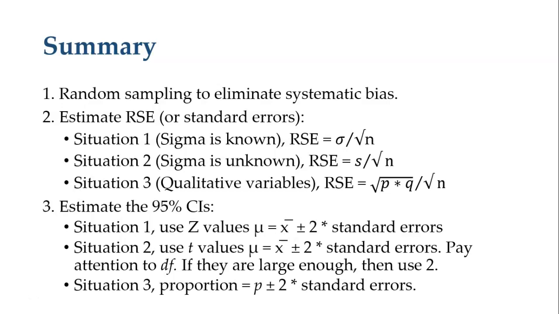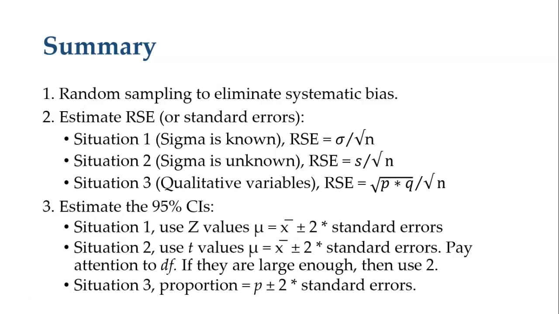And there is a third kind of situation in which you don't have a numeric variable but a qualitative variable. In that case, you have this specific formula in which you take the square root of p times q divided by the square root of the sample size.